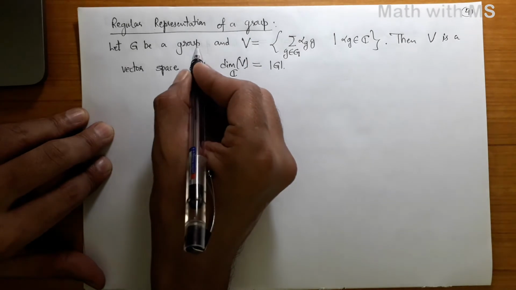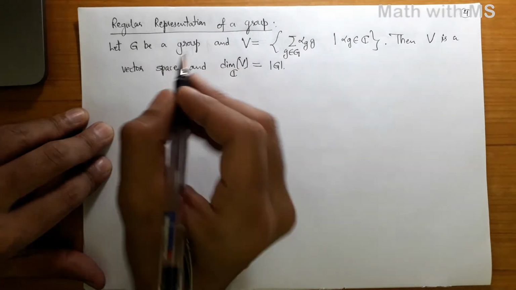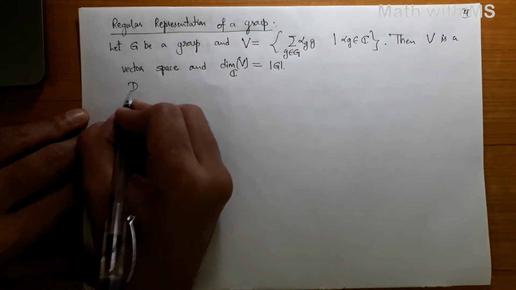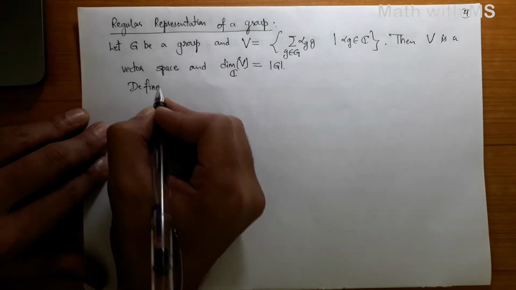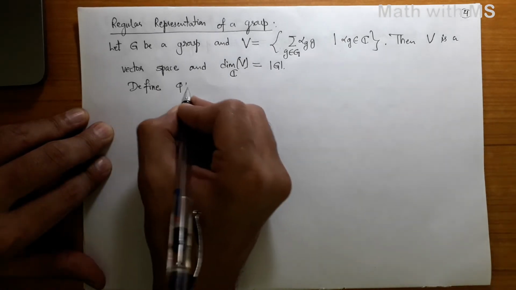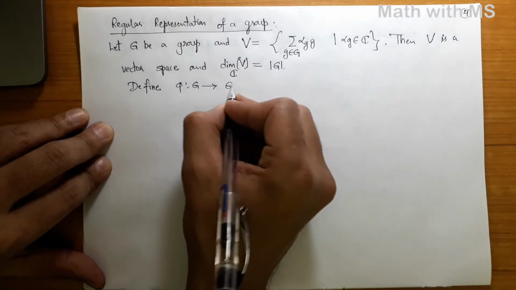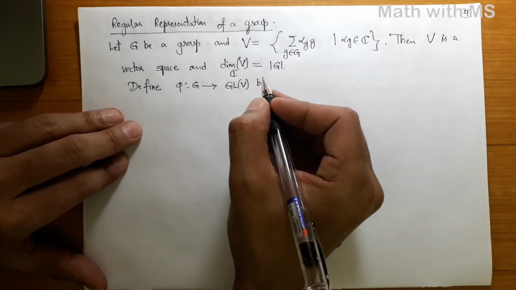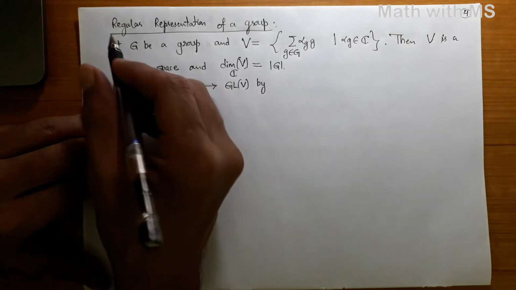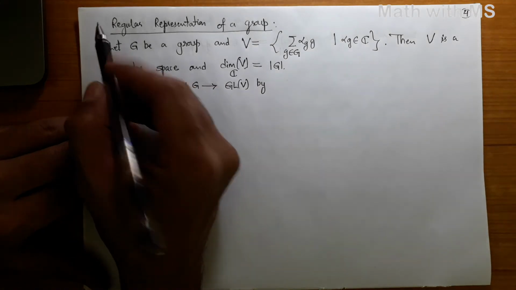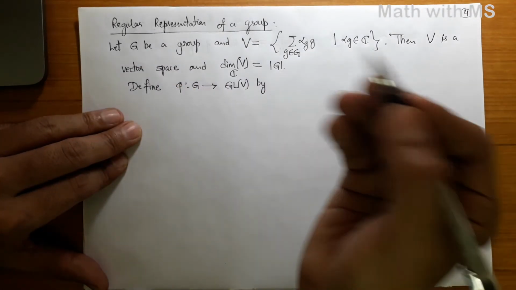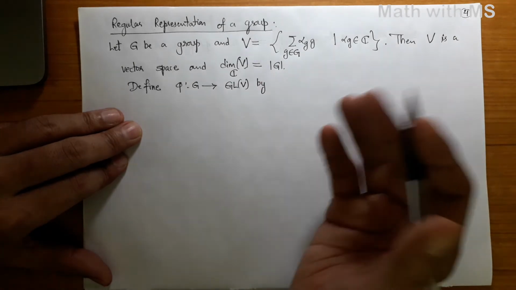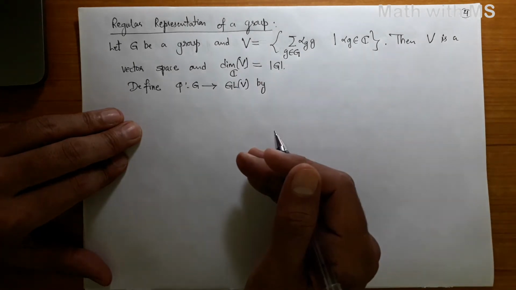Then there is a natural action of group G on V. So define φ from G to GL(V) by left multiplication. To be precise, we are using the left regular representation. You could also use the right one, then you have to modify the statements accordingly.